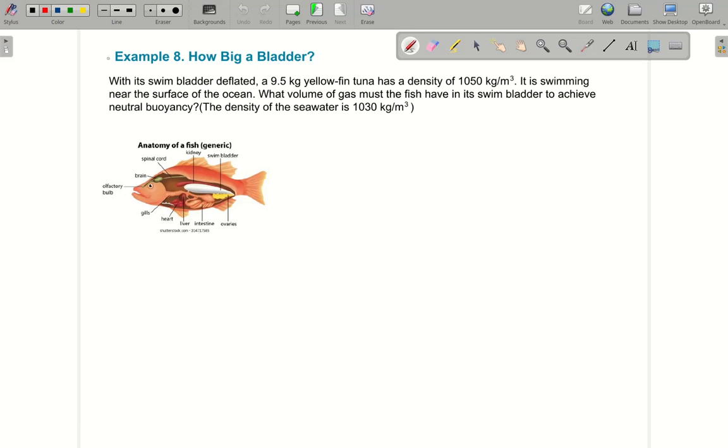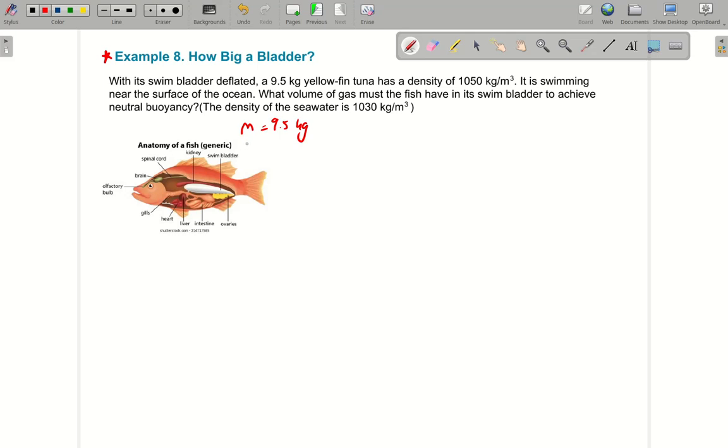This question I also want to give you, I also have a video solution on, is about how fish change the size of their bladder to swim, sink and float. The question is asking us, we have a swim bladder deflated, so less volume. Mass of the fish is given as 9.5 kilograms.